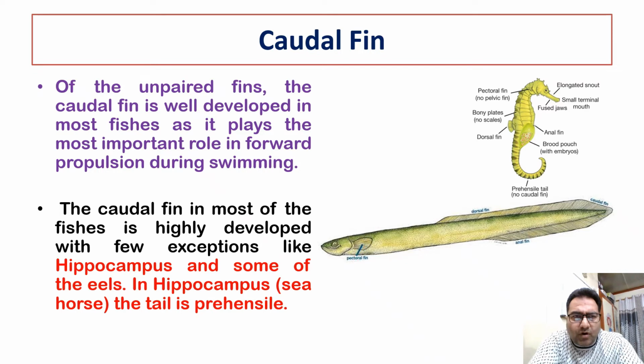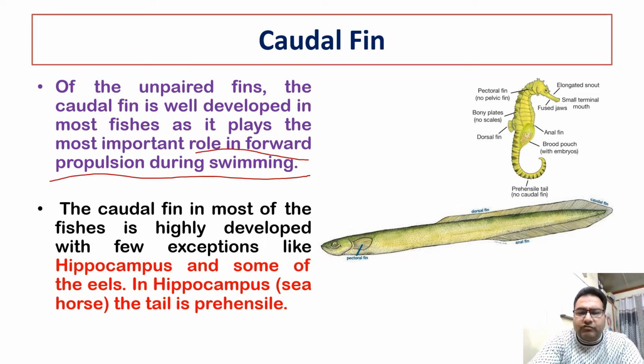Talking about the caudal fin, of the unpaired fins, the caudal fin is well developed in most fishes as it plays the most important role in forward propulsion during swimming. So this is the fin which is responsible for the forward propulsion. In most of the fishes it is highly developed, but in some fishes it is reduced, such as Hippocampus.